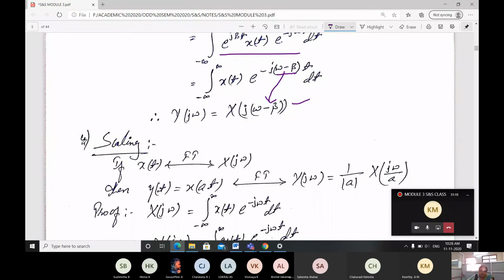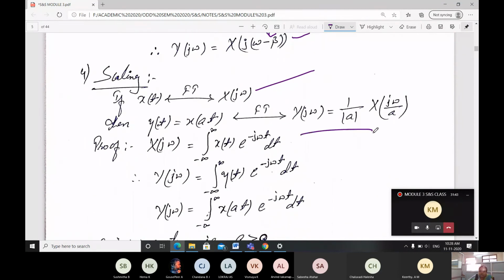Then the fourth one is scaling. If x of t has the Fourier transform X of j omega, then y of t is equal to x of at, and the Fourier transform Y of j omega is equal to 1 divided by mod of a, times X of j omega divided by a.